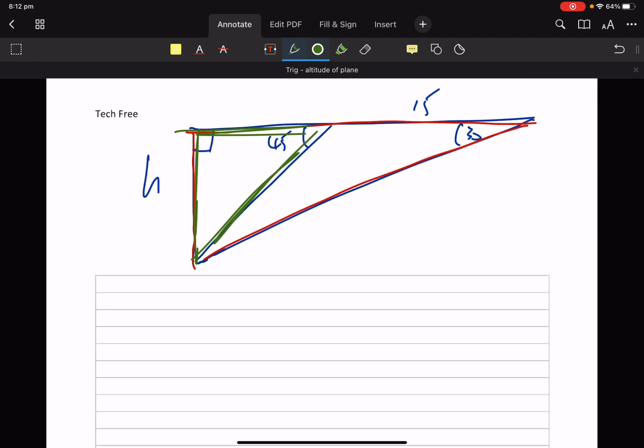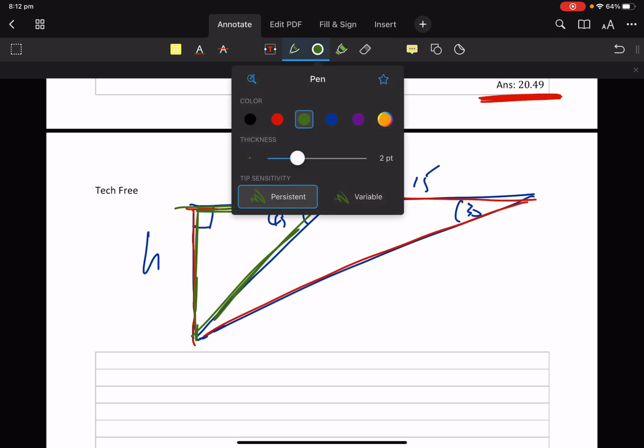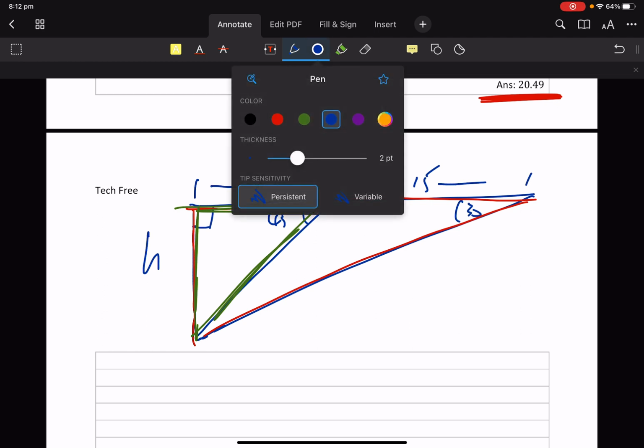So from the green triangle, what's common in both of those triangles is this side here. And what we don't know about that side is that length there. We know that's 15, and we don't know that, so we'll label that X. Okay.